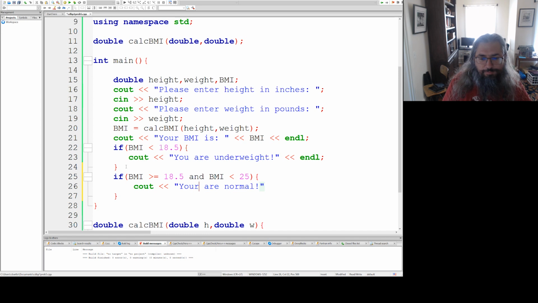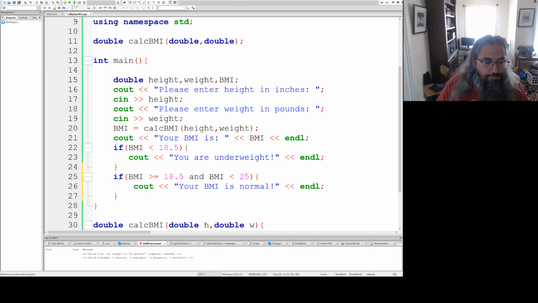Maybe I should say your BMI is normal. I don't think we all are normal in any sort of useful way. So this is one way to do it. But let's talk, and this is going to work.